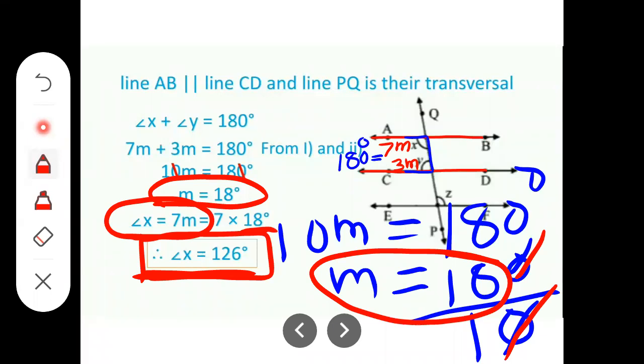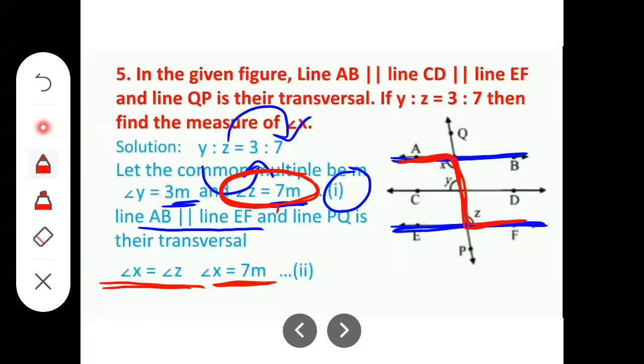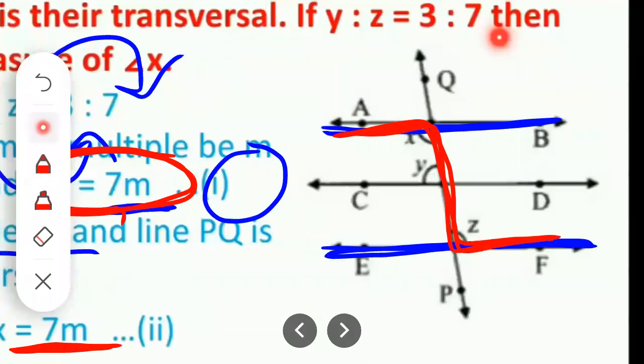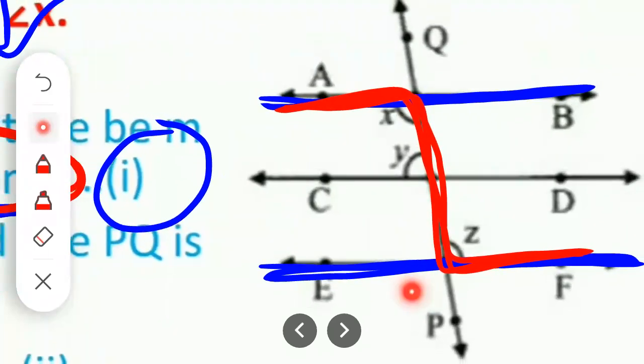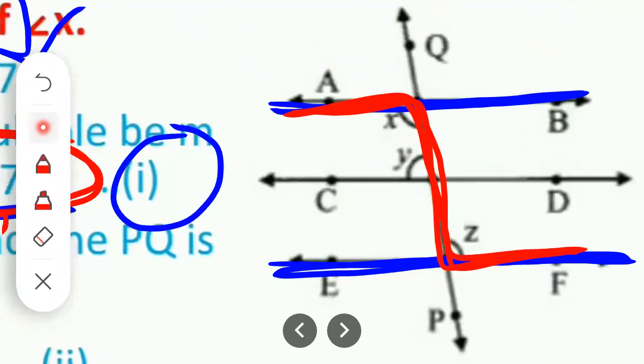Yes, understood how to write? First you have to see the diagram. Angles y and z, together you have to take them. Now with the common multiple, decide their values: y equals 3m and z equals 7m.